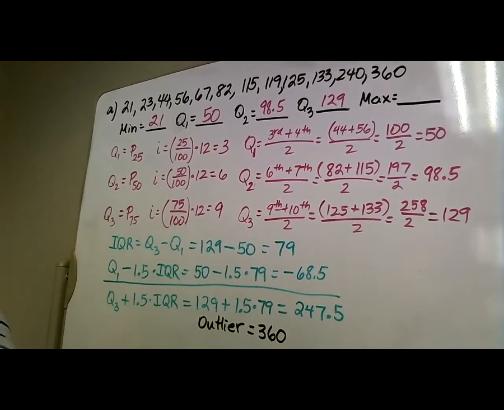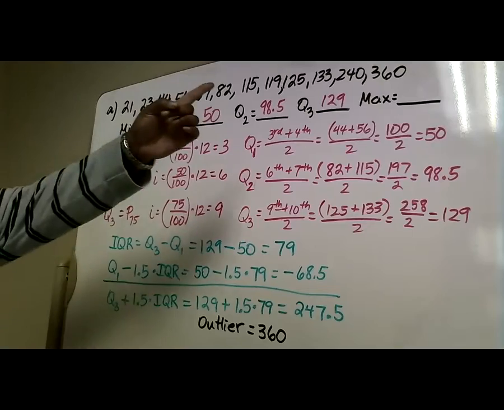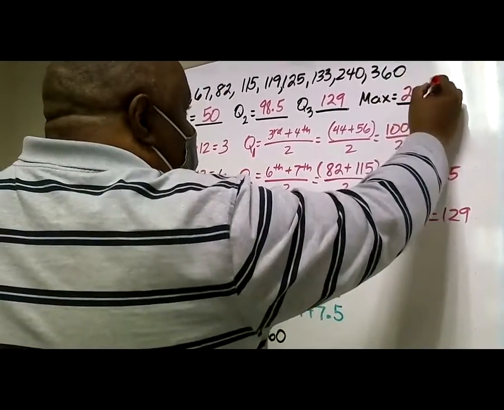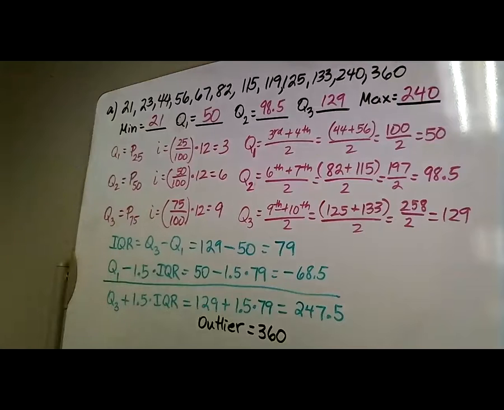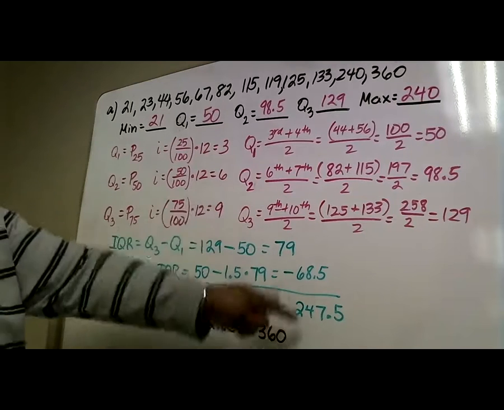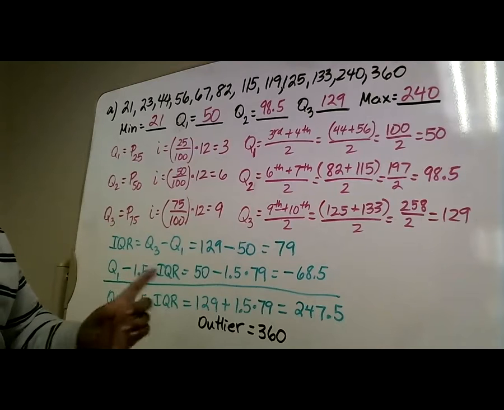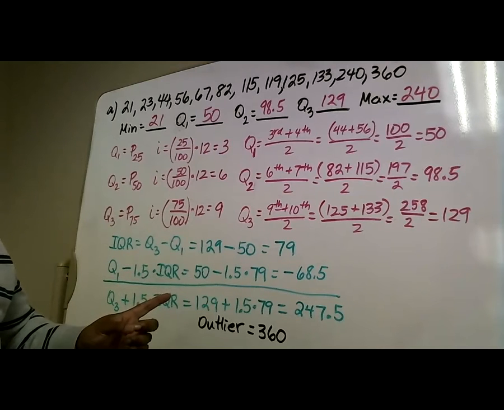Which means the maximum will have to be what? 240. Yeah, because 360 was the outlier, so 240 will have to be the maximum because 240 is less than 247.5. Questions on how we got that?